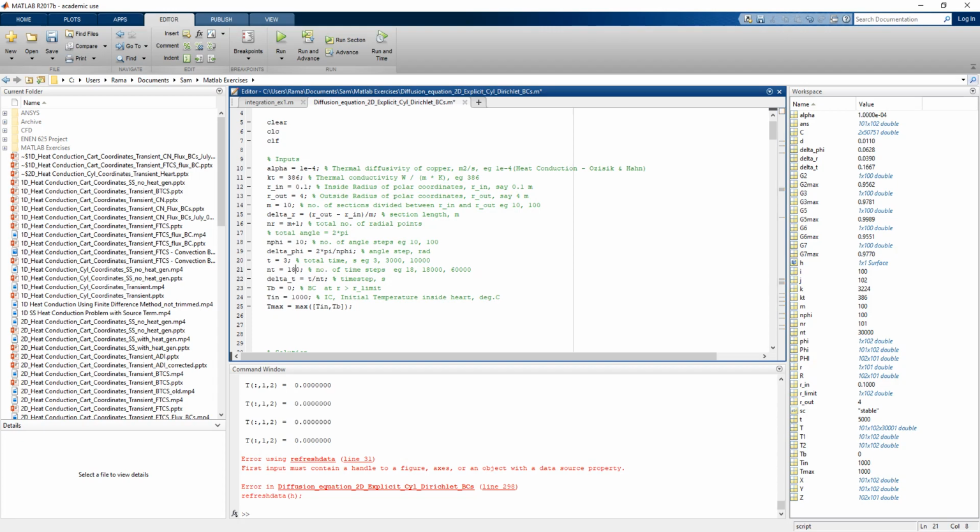We have delta t equals 1 over 6, and we'll save this and rerun this case.